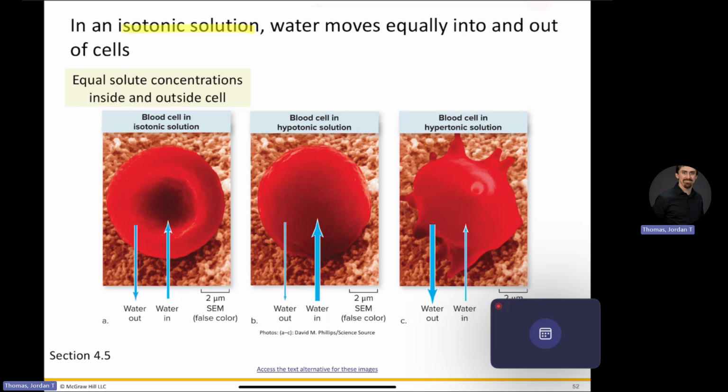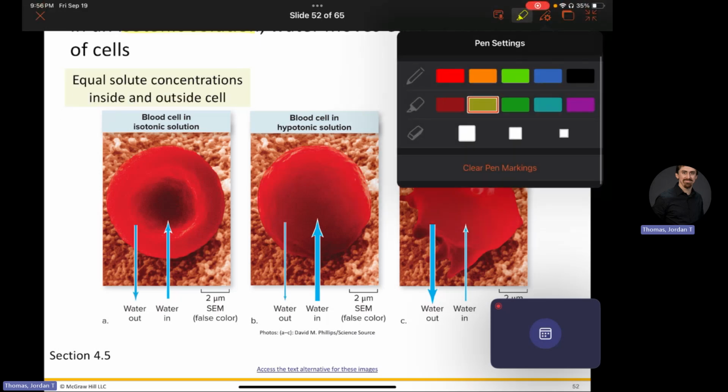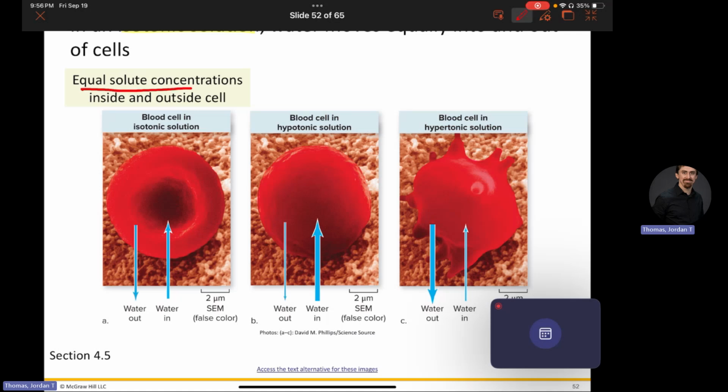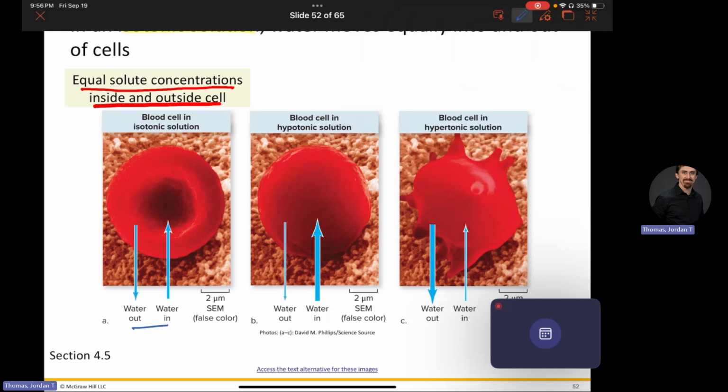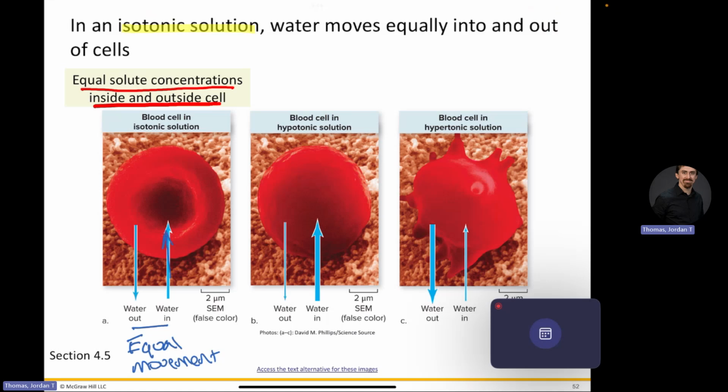In isotonic, there's an equal concentration of solutes inside and outside the cell. So the water moving in and out of the cell is equal. The same amount of water that goes in also comes back out. So the cell is healthy in an isotonic solution.